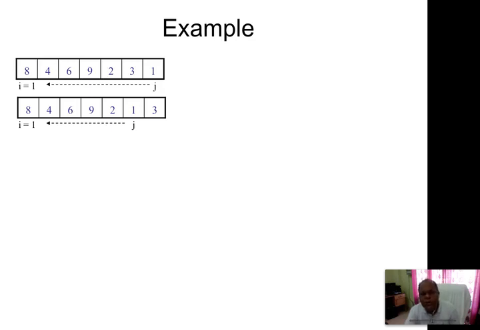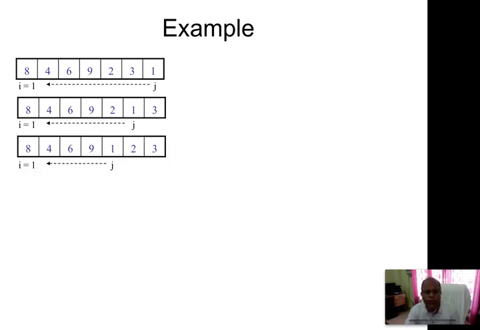Now j will be n minus 1. First j was n and you compared with j minus 1, that means n minus 1. Now j becomes n minus 1 and you compare with its previous element, that means here 1 is compared with 2. Since 2 is bigger, you exchange 1 and 2, for the same value of i, for the same pass. We are doing a single pass here.